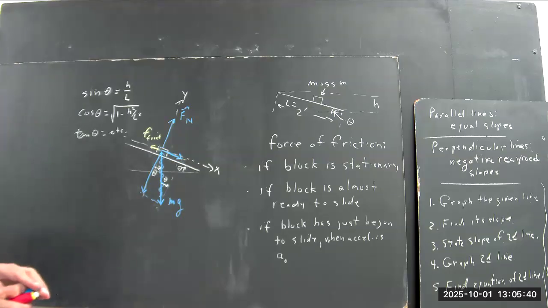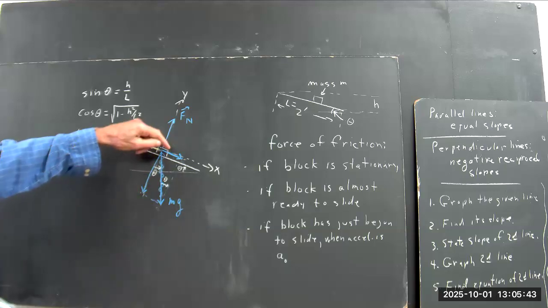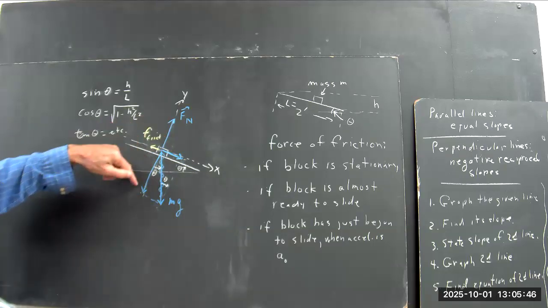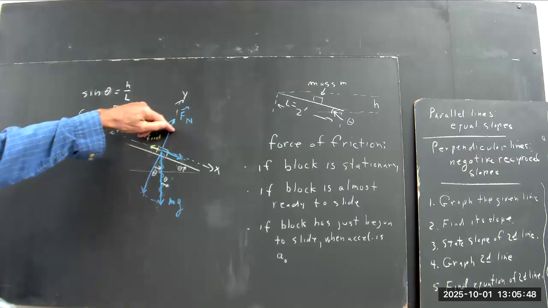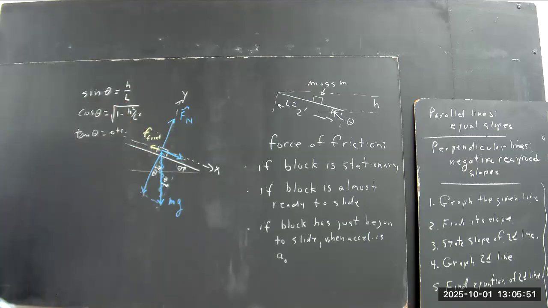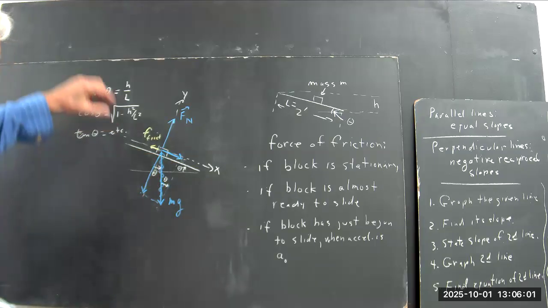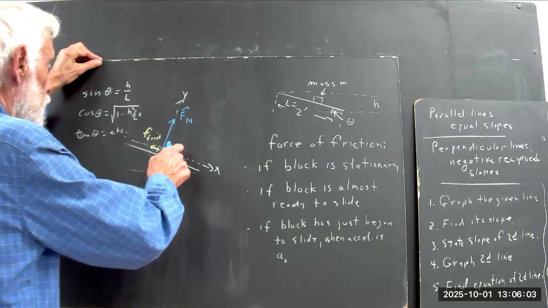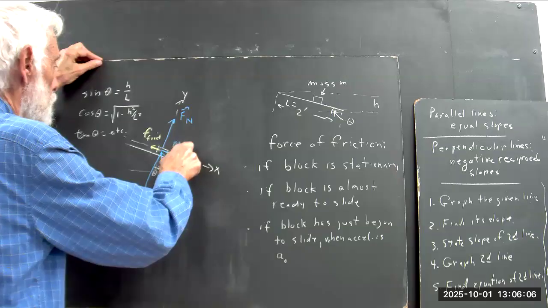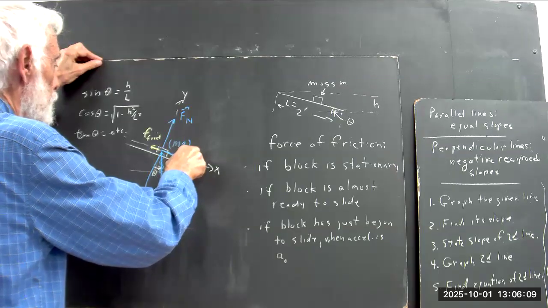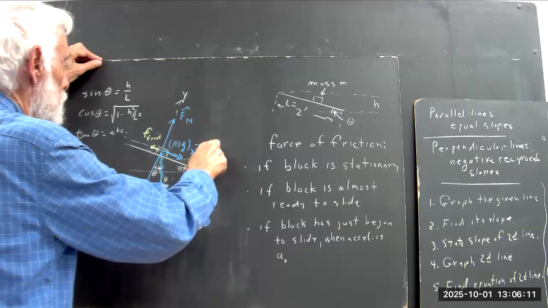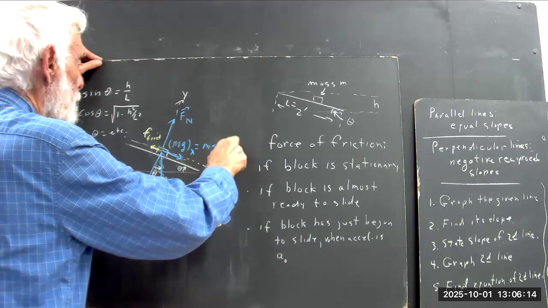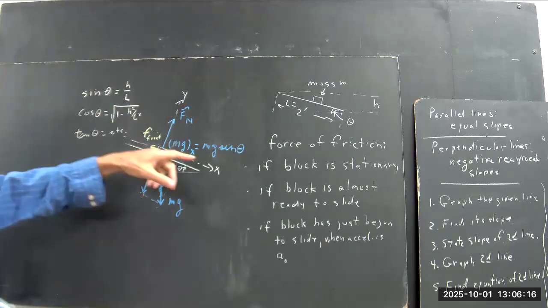Well, with that, can you label the length of this vector and the length of this vector and the length of this vector, and tell me something about this one? It's all there in the picture. I'm going to tell you because we need to move on: I'm going to call it mgx equals mg sine theta.